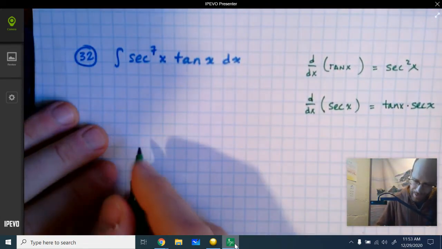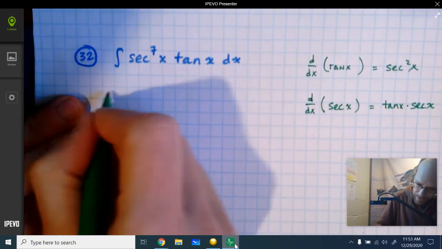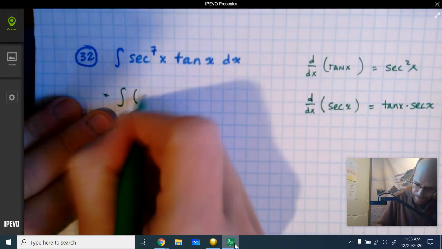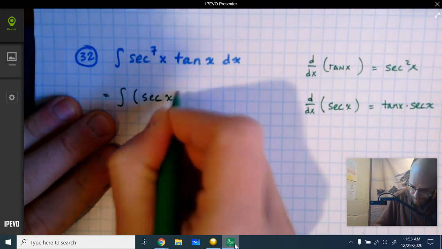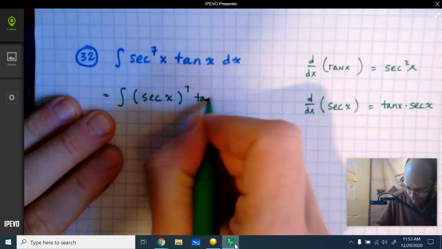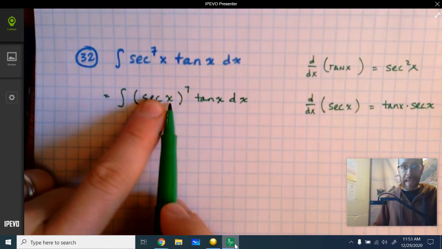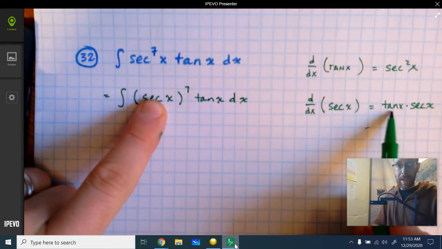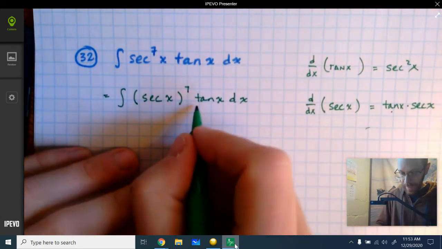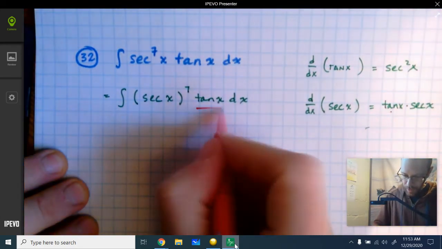But in order for that to work, if you try to think of this way, you're going to get in trouble because the inner function has a derivative of tangent times secant, and you've only got a tangent right here.